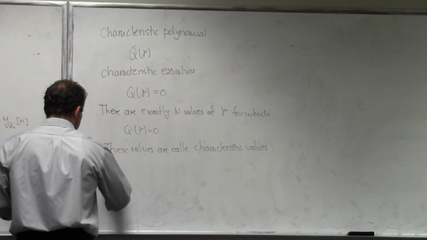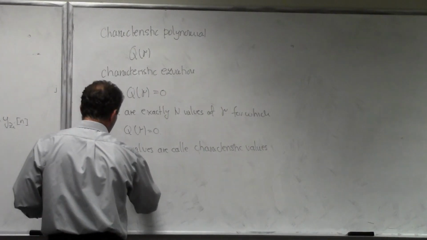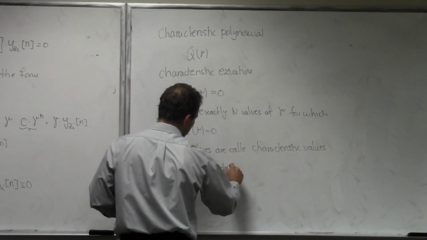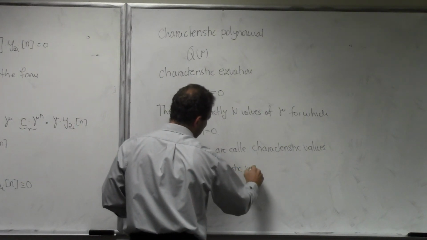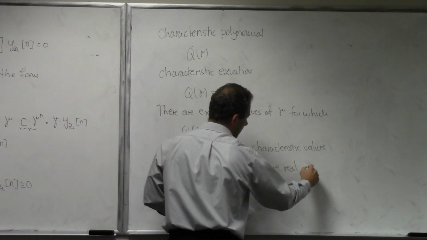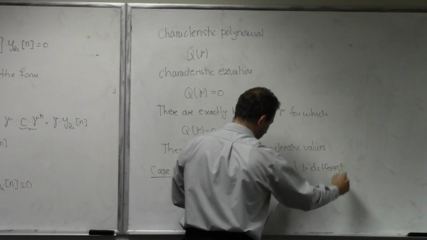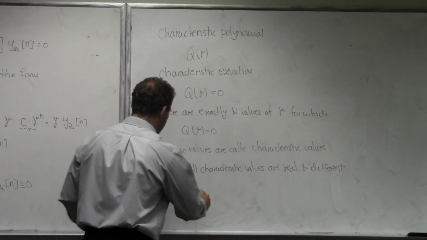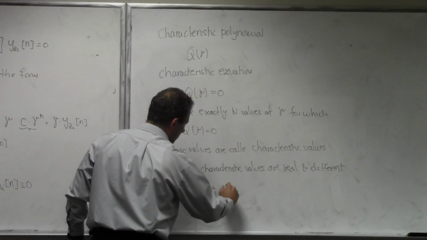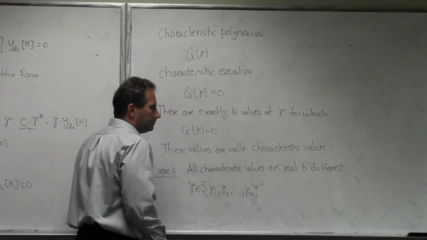So case one, all roots, all characteristic values are real and different. So let's say gamma is from the set gamma 1, gamma 2, all the way to gamma sub n.